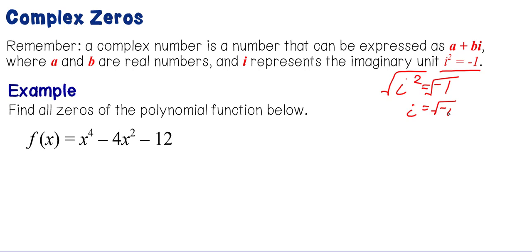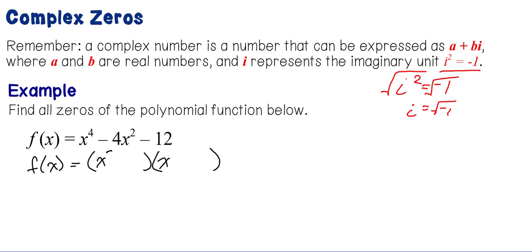So remember that. So if we want to find all of the real zeros in the polynomial below, what we can do is factor this, okay? So we can rewrite this as f of x equals, and we know the first one's x with -12.